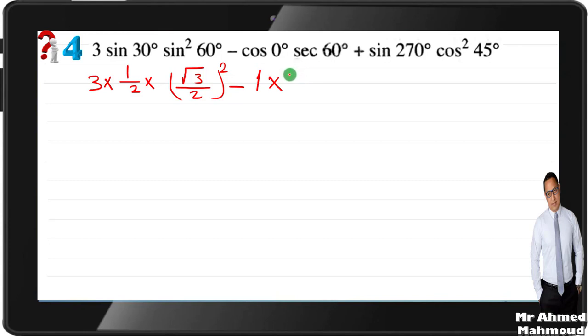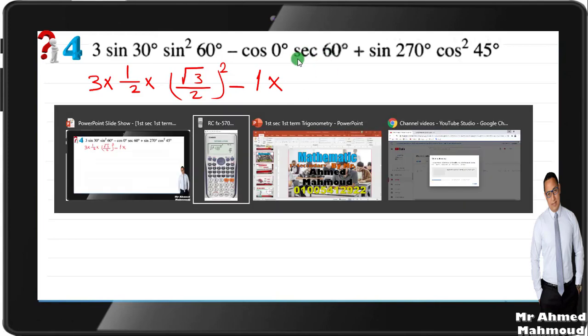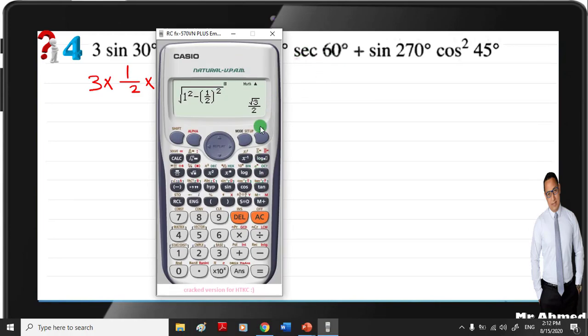Okay, now let me teach you how you can calculate sec 60. Sec is 1 over cosine, so you can do 1 over cosine 60. This is how to evaluate sec in the calculator. 1 over cosine 60 equals 2.